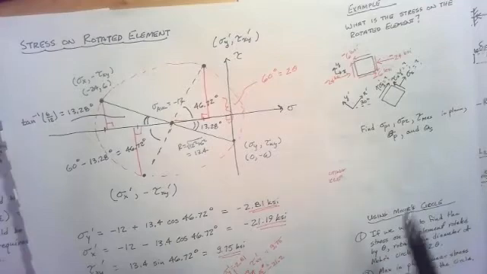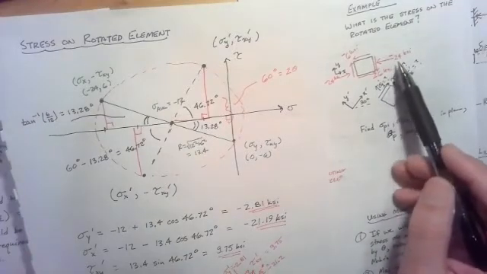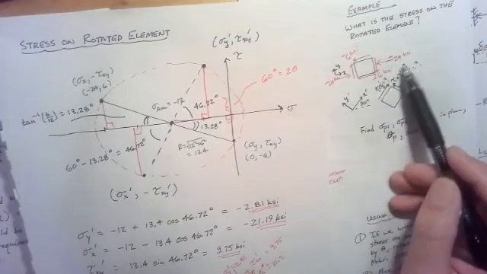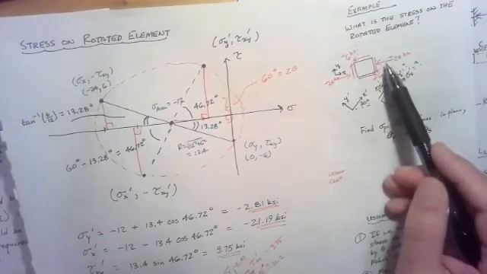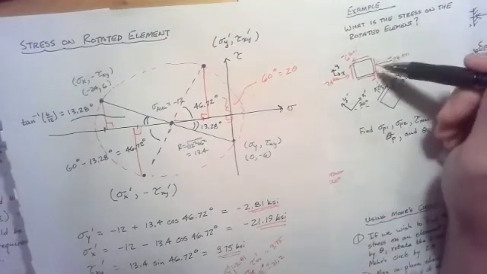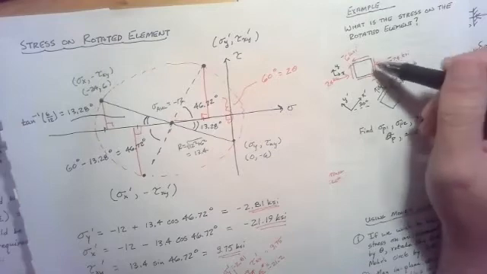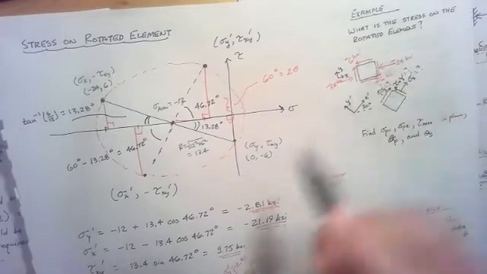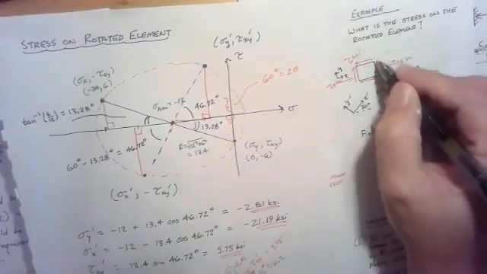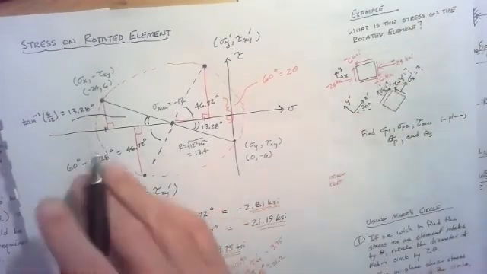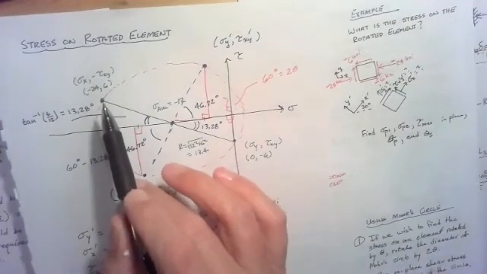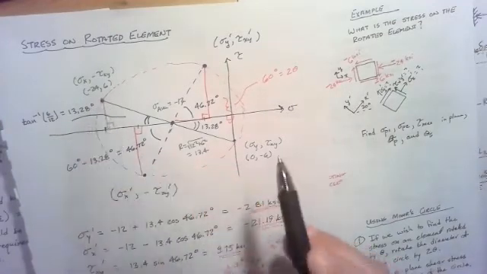So first of all, sigma x and negative tau xy would be the thing that I would want, but however, I'm going to go with negative 24 and positive 6 as the first point, as the x base point. Why? Because the 6 ksi magnitude stress is spinning the element clockwise. So that would be a positive shear stress. So I'm going to locate the point negative 24, 6.